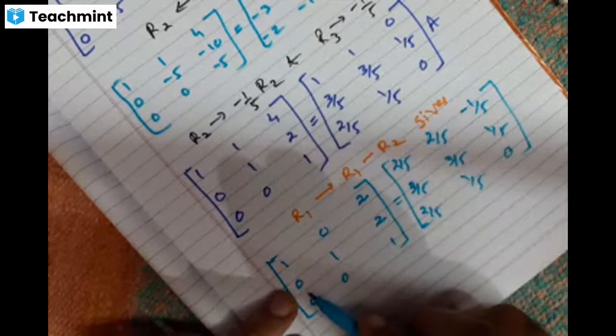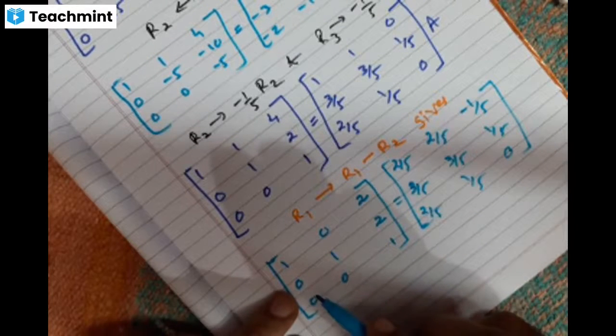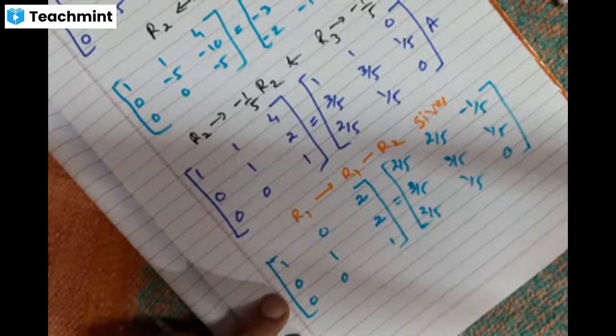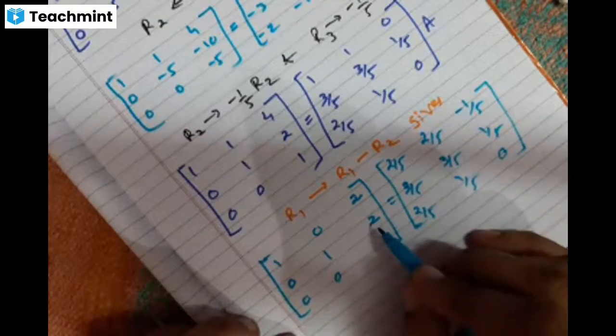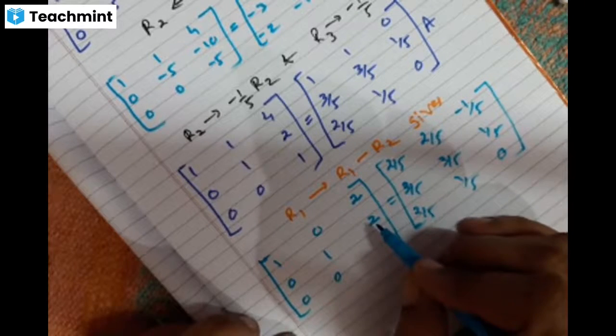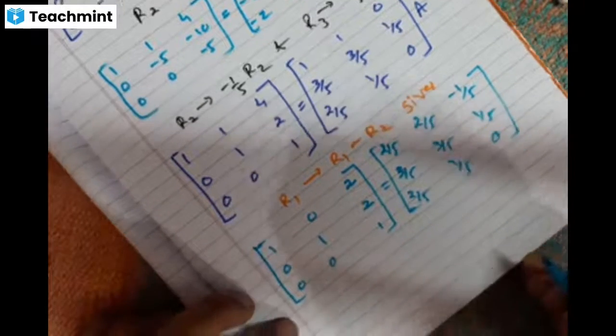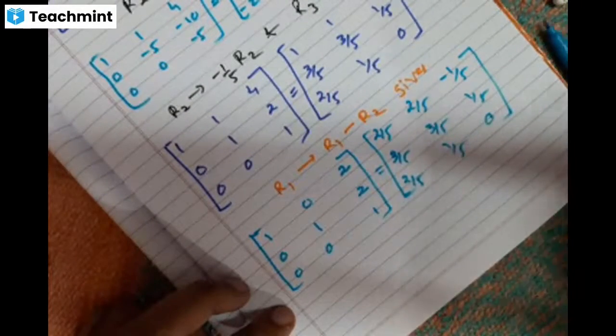Then this will be changed. So now I do this thing. These two I want 0 0, no.